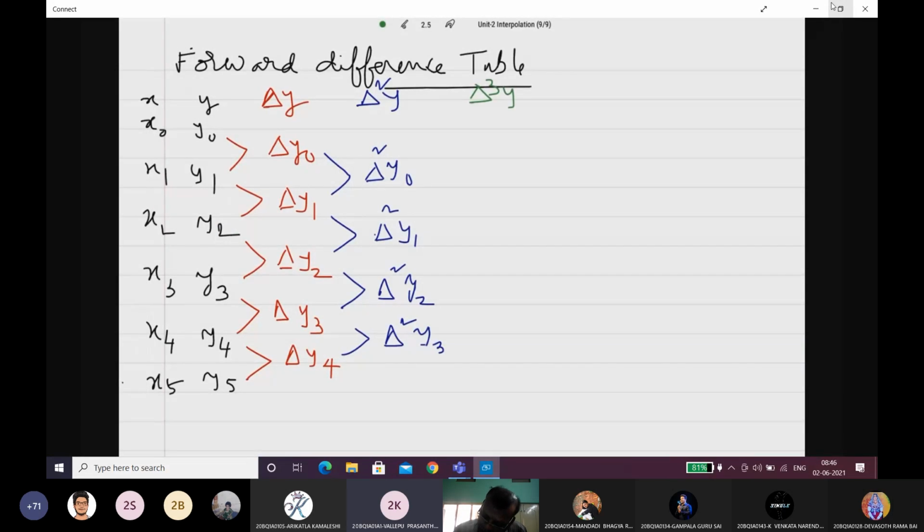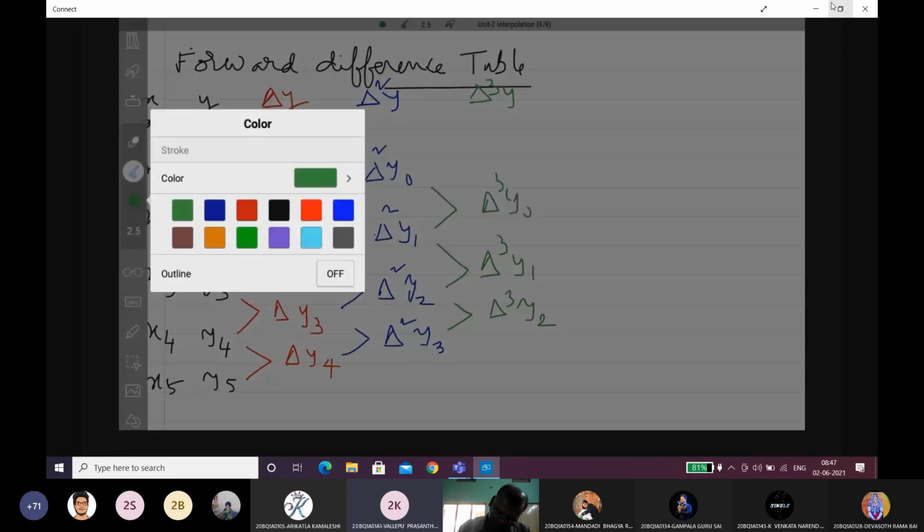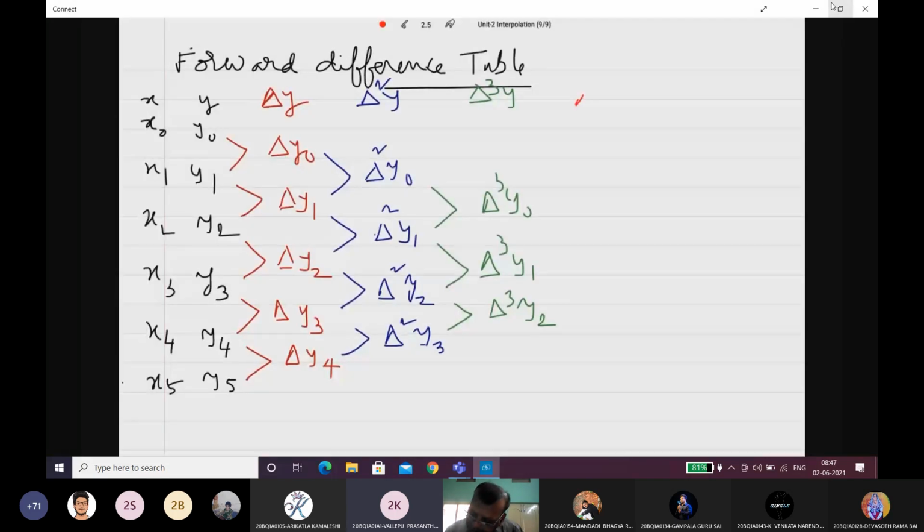Next, third forward: delta cubed y0, delta cubed y1, delta cubed y2. Next, fourth forward: delta power 4 y0, delta power 4 y1.